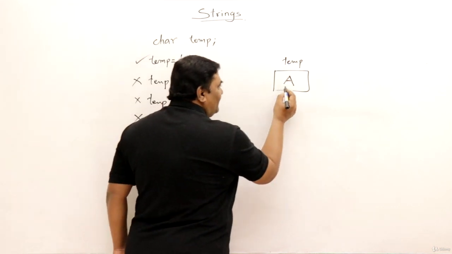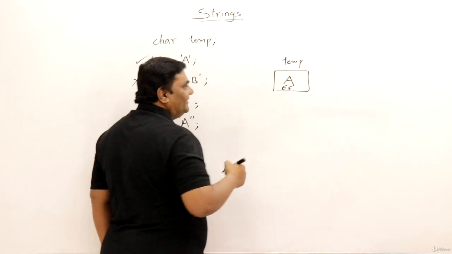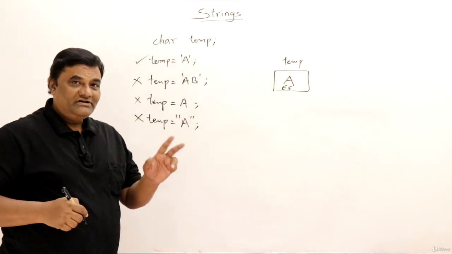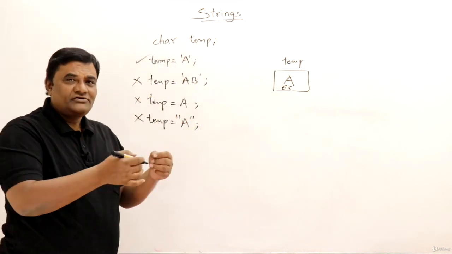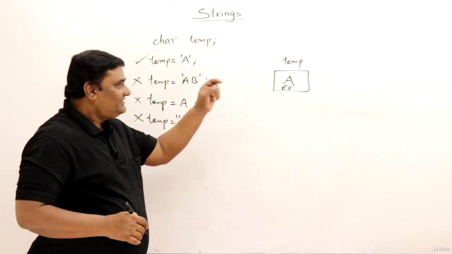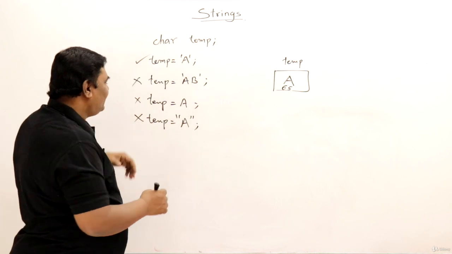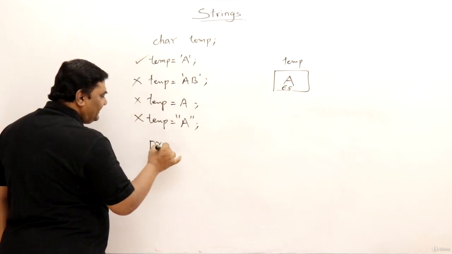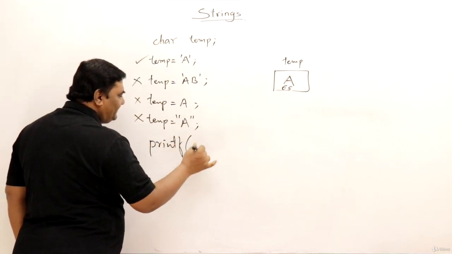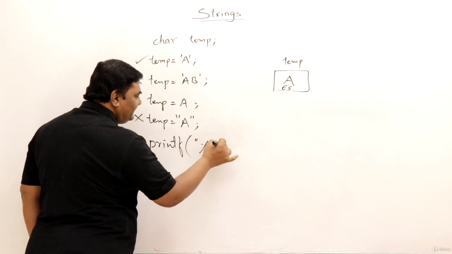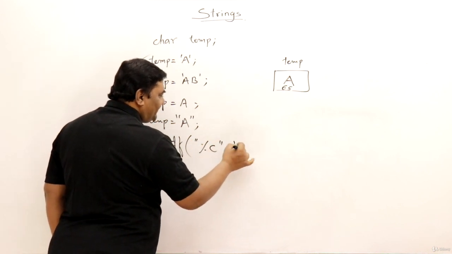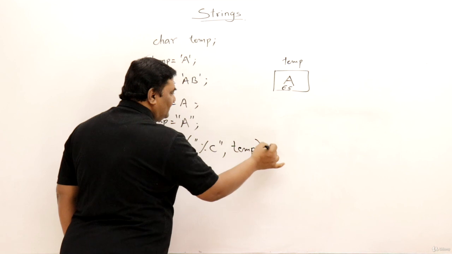Now, what actually is stored in the memory? Actually, inside the memory the value 65 is stored. It's 65, it's not A. A is not represented in computer memory. Then next, how to print this alphabet? I can use printf, printf with percent c and the variable name temp.